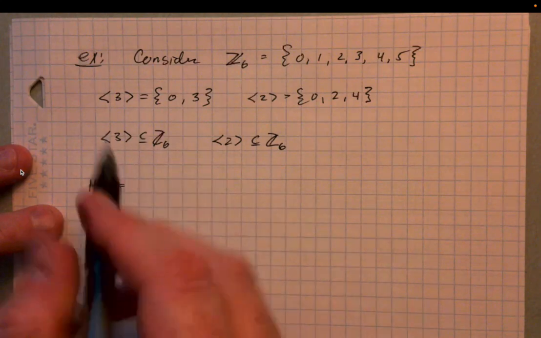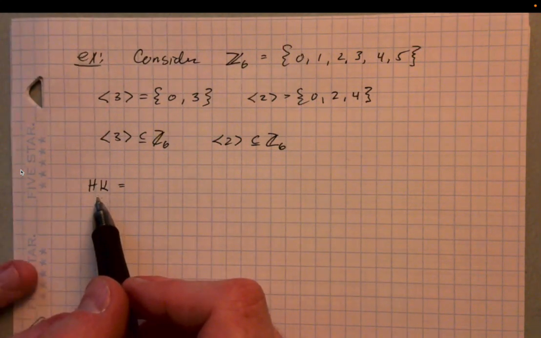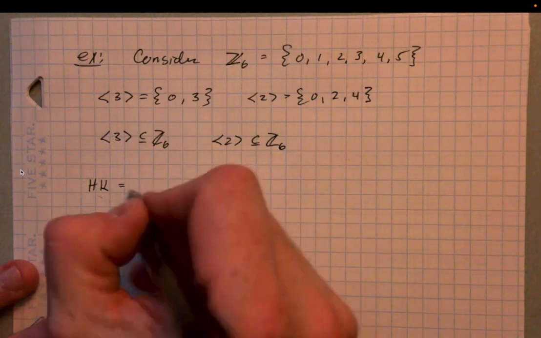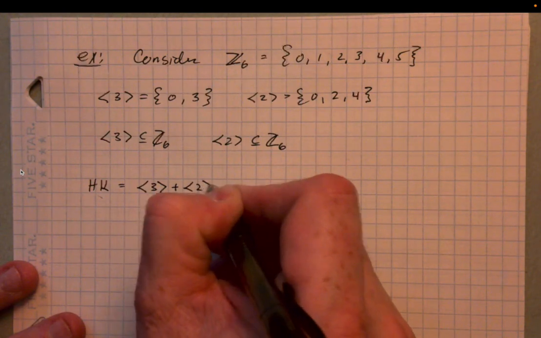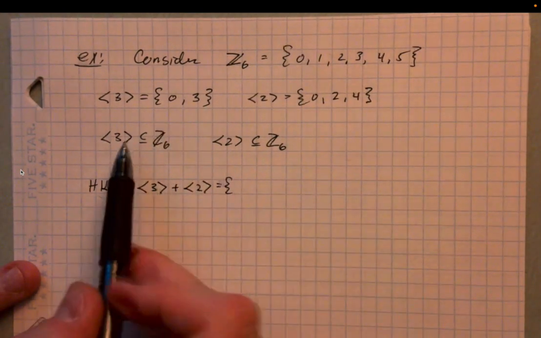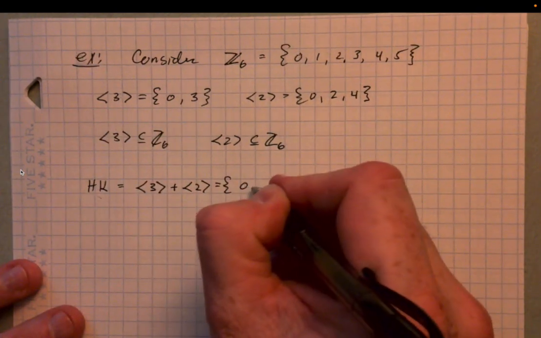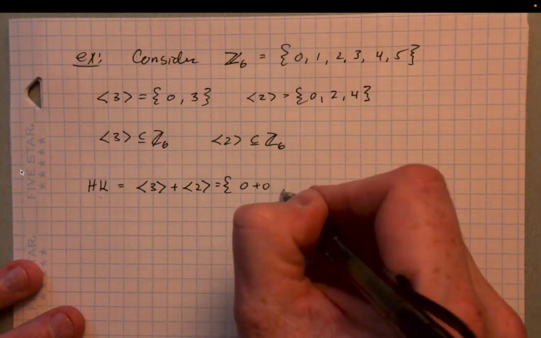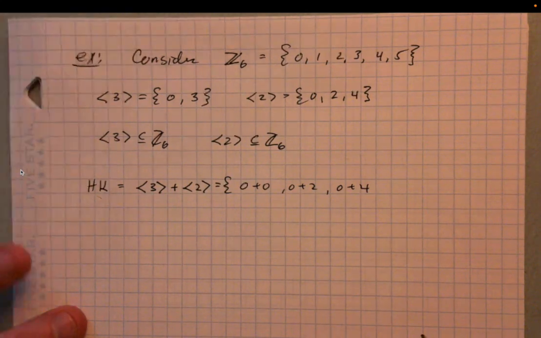Right, now let's think about HK in this case. The notation kind of comes from the idea that the operation is a product, but here the operation is addition, so we just replace it. So it's really 3 plus 2, right, like this. So I take every element in 3 and add it to every element in 2. So what do I get? I get 0 plus 0, 0 plus 2, 0 plus 4. Right?